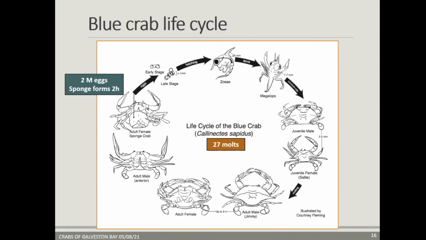She'll hold these against her cephalothorax, and then the mating occurs in the estuary, and then she'll make her way out to the highest salinity place she can find. And in Galveston Bay, that'll be toward the coast. And when she gets the high salinity, then she'll release her eggs that are about ready to hatch.